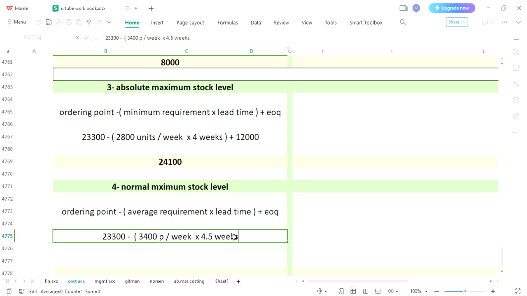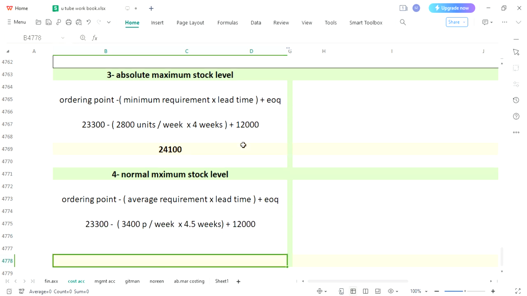As it was mentioned earlier, time and requirements are matched with each other. Both are given in terms of week. We don't need to change it. Then add economic order quantity, and you can see economic order quantity has already been mentioned in previous part. So instead of going back to the question, we are writing economic order quantity from here.